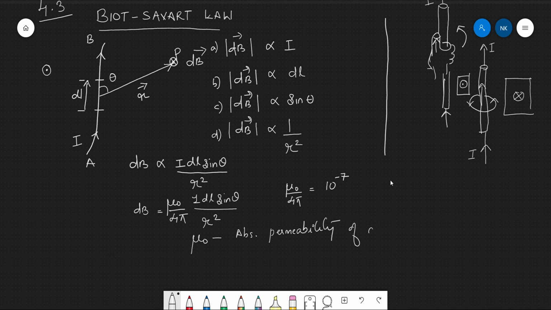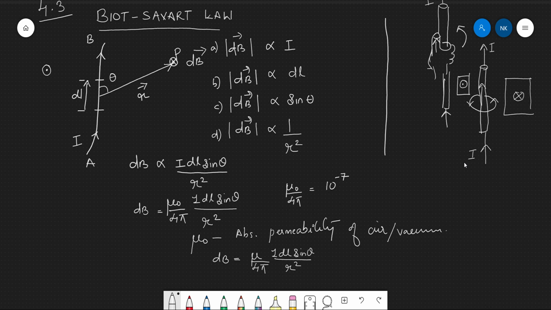If it is some other medium, other than air or vacuum, then this equation is going to be dB equal to mu by 4 pi I dl sine theta by r square. This is the scalar form.